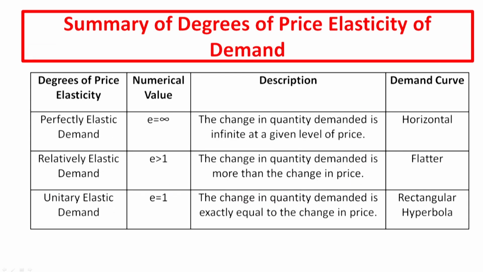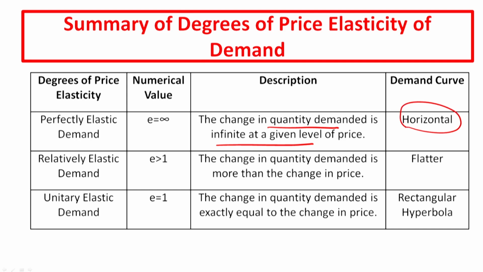The summary of degrees of price elasticity of demand, where you can see in the leftmost corner we have represented the degree of price elasticity, their numerical value, their description and their demand curve. In the first case, perfectly elastic demand, where the demand is infinite, the change in quantity demanded is infinite at a given level of price, and the demand curve here is horizontal.